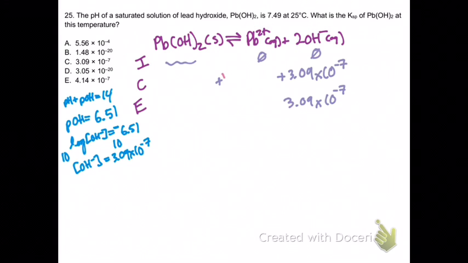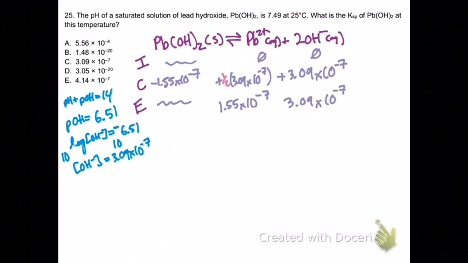So it's going to be plus 1/2 of that 3.09 times 10 to the -7th, which gets us 1.55 times 10 to the -7th. And on this side, technically it would be minus 1.55 times 10 to the -7th, but we don't care.